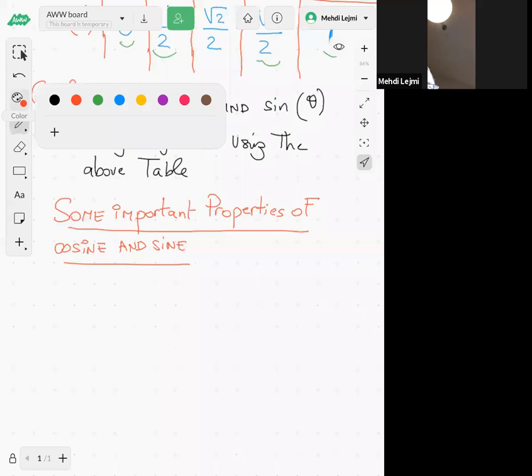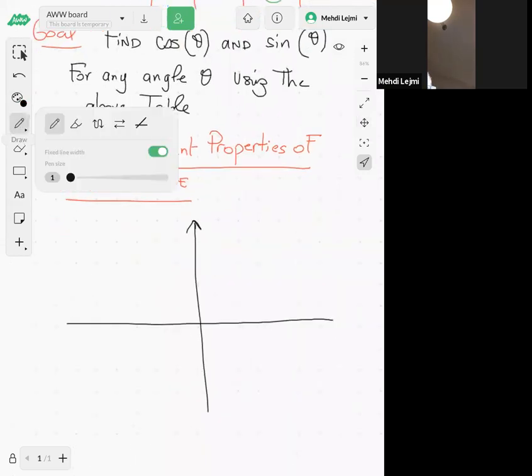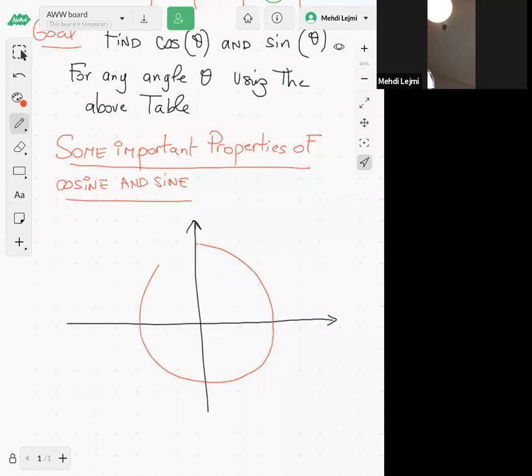So let's see what happens to our unit circle. Again, I have my unit circle. This is supposed to be my unit circle. Okay, so this is 1 here. Anyway, I'm going to take an angle theta, positive, let's say from here to here.